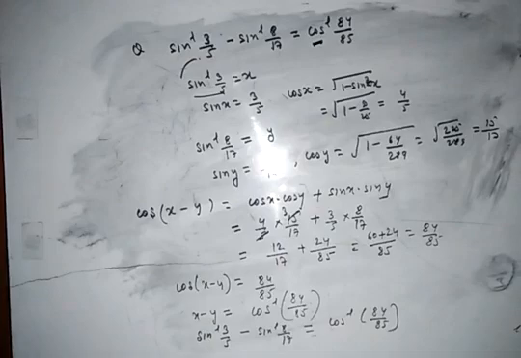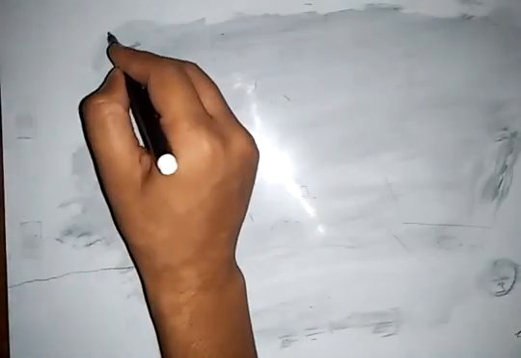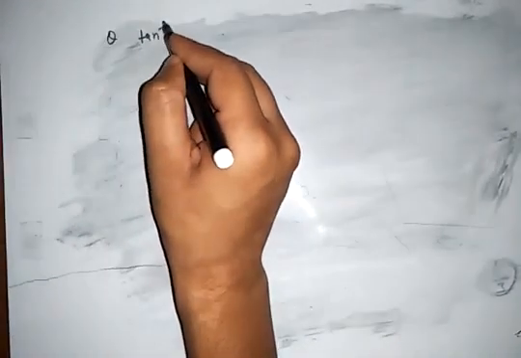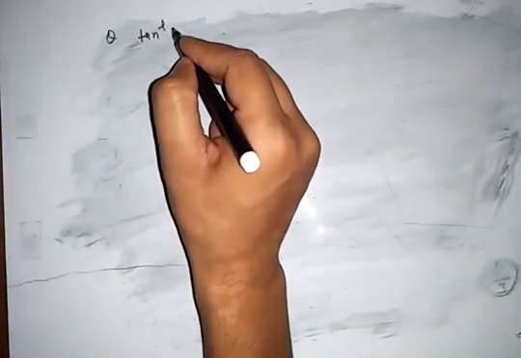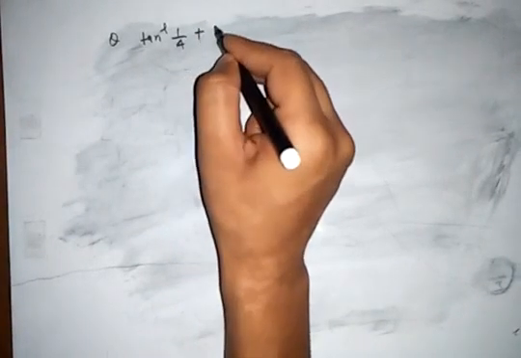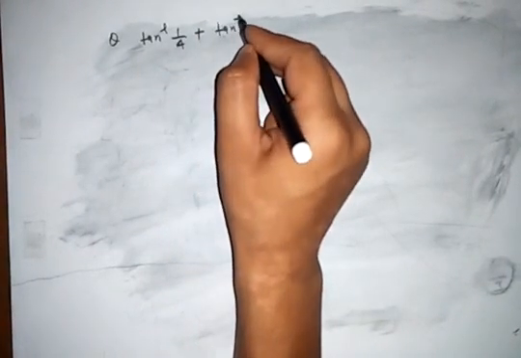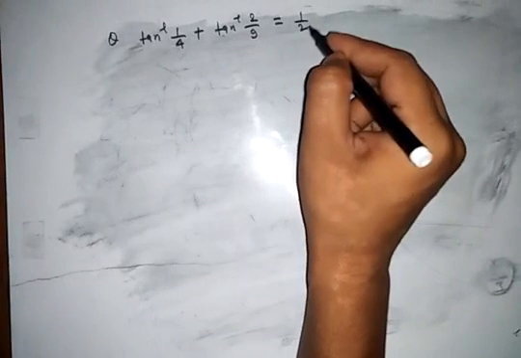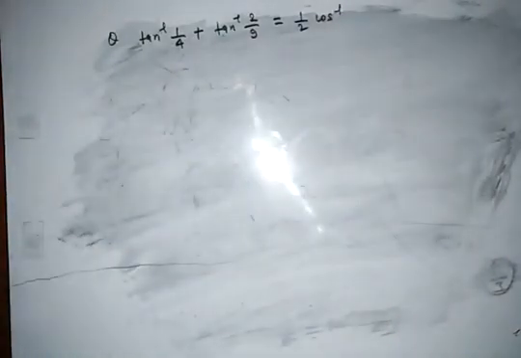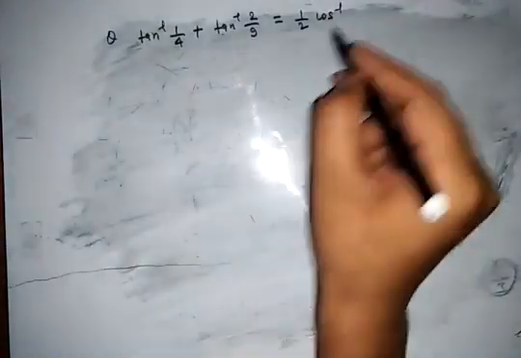Okay, so I want to take some more questions so that we can get more concept of how we can solve. Take this example question here. Tan inverse 1 by 4 plus tan inverse 2 by 9 is equal to half of cos inverse 3 by 5.